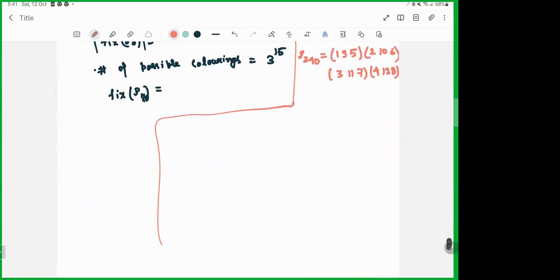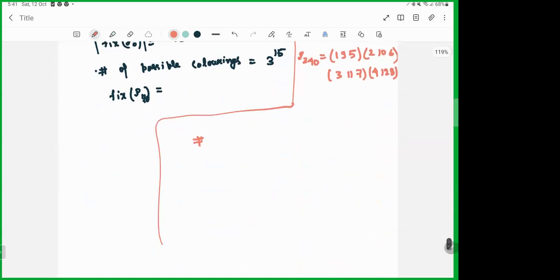So that will be, for 3 colorings, 1 over the order of G, that is 3, and then the summation of 3 to the power C(pi).